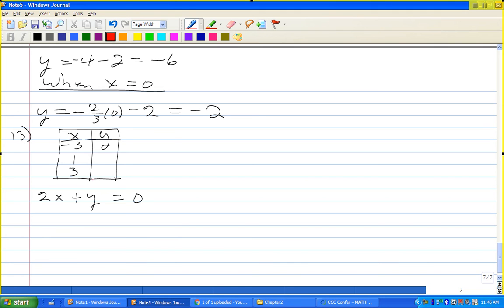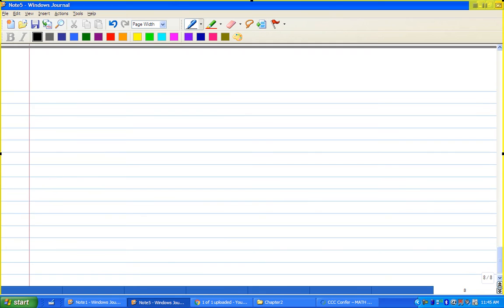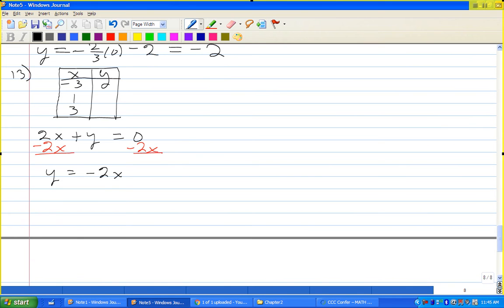Let me subtract 2x from both sides. So y equals negative 2x. Let me determine its value when x is negative 3. So I have y equals negative 2 times negative 3, 6.